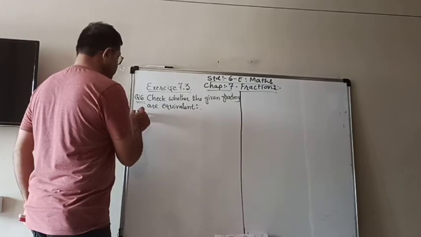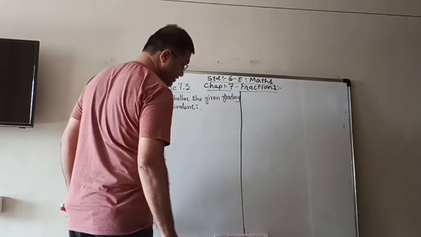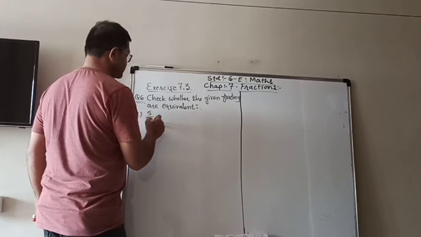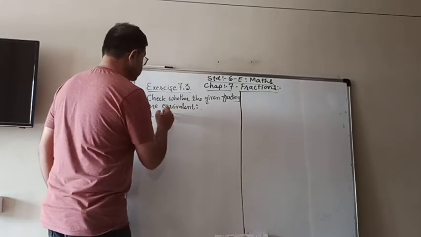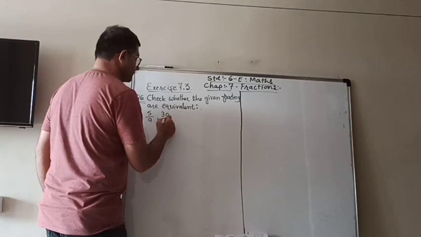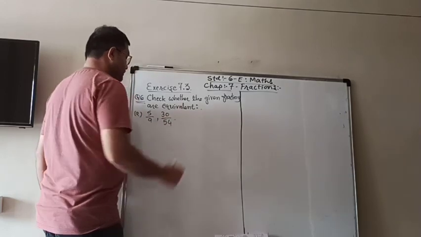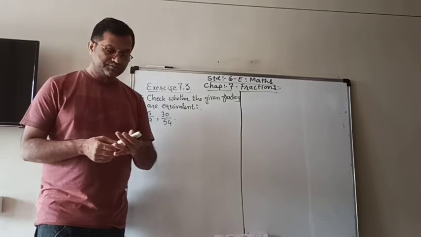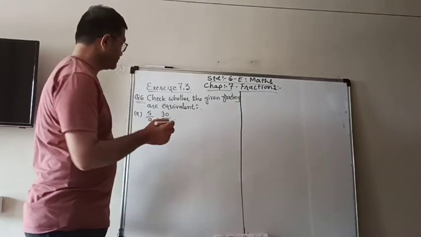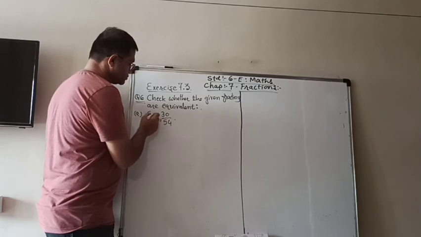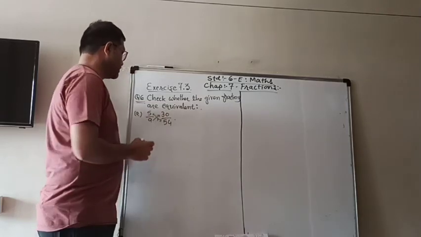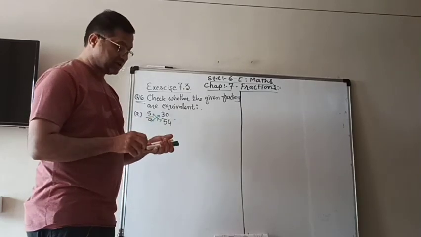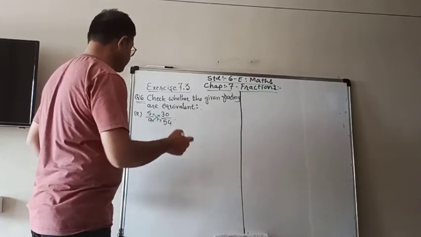The first set of two fractions is 5 upon 9, comma 30 upon 54. Now, what will we do? We will do the cross multiplication like that, and then check whether both the answers are equal or not.